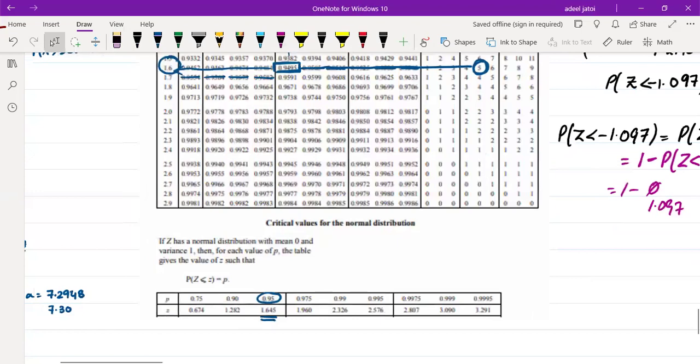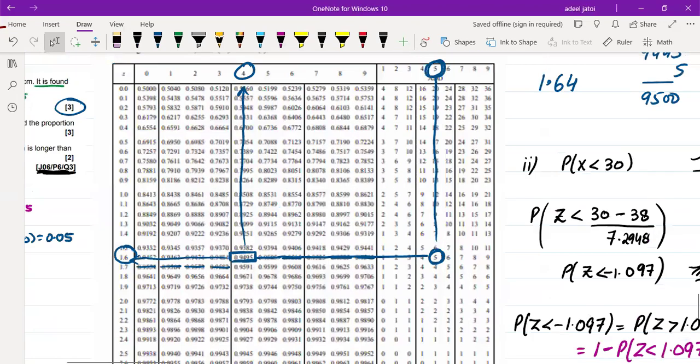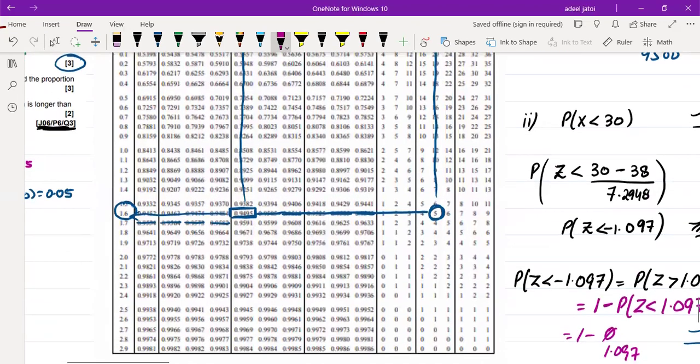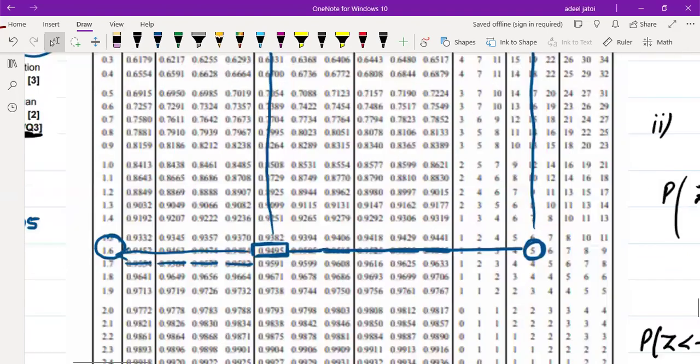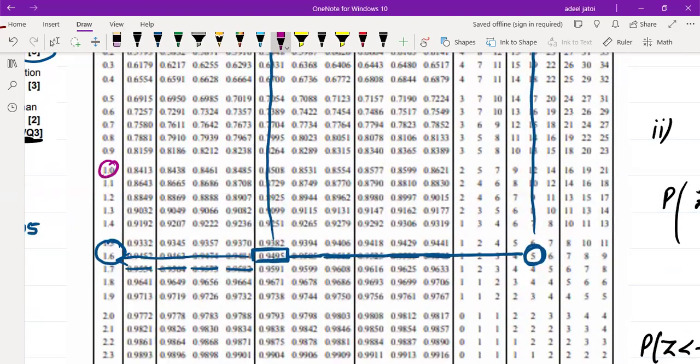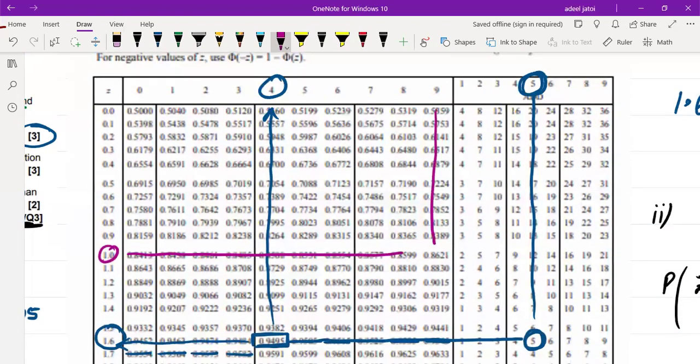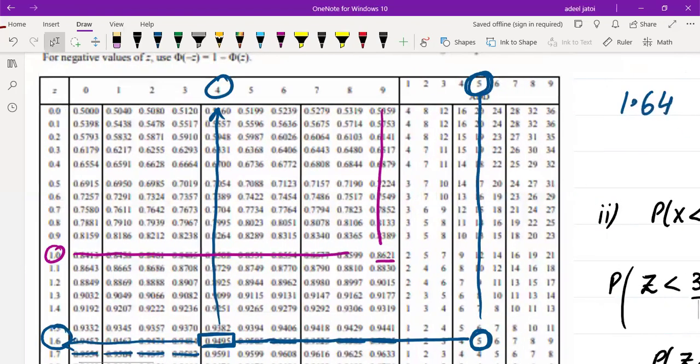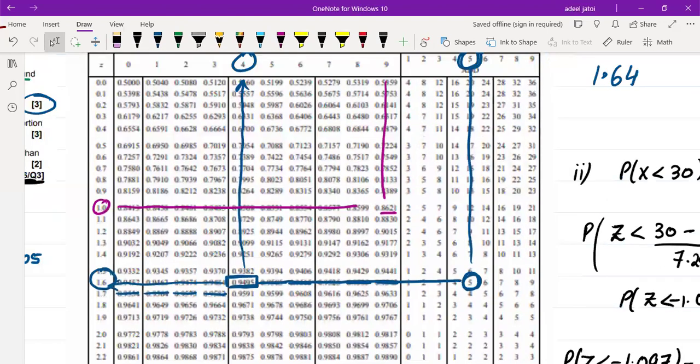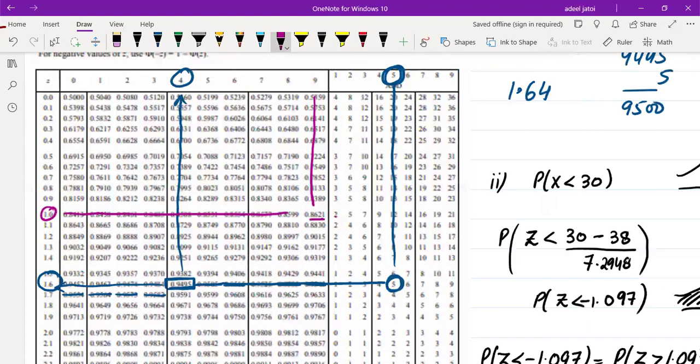So 1.097, 1.0. Let's just find it down here. Your 9 comes in the end. This is 9. So 8621. And the other value is 7, 1.09, so this is 97.